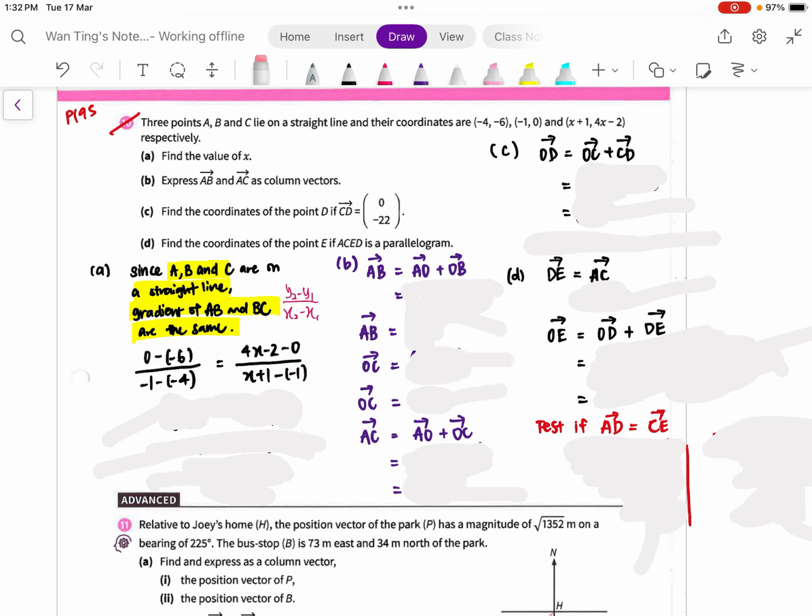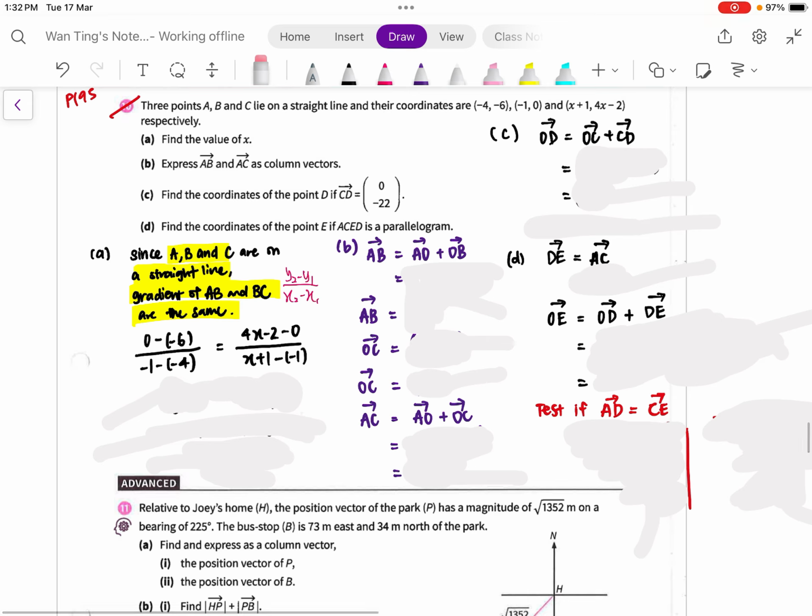So the y coordinates minus over the x coordinates, then that's what we'll get. This is the coordinate of A, coordinate of B, and coordinate of C. Then after that I simplify the numerator and the denominator one by one.